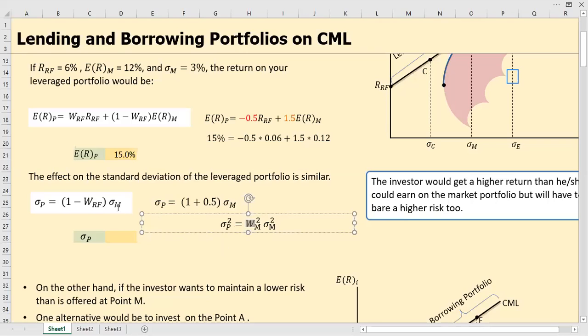This 1 minus RF portion is actually equal to the weight of the market portfolio. It's the same thing: the weight of the market portfolio is equal to 1 minus the weight of the risk-free asset.